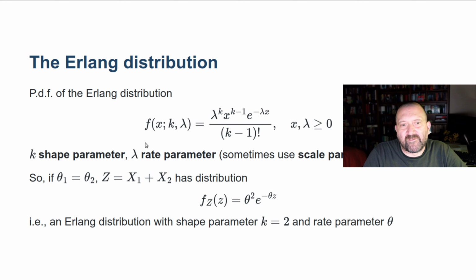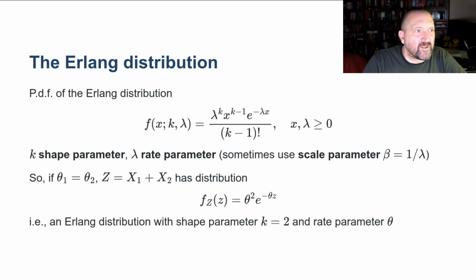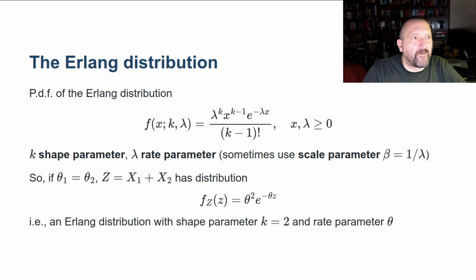So this is what an Erlang distribution looks like: a shape parameter 2 and a rate parameter theta. If the two exponentials are independent but identically distributed, then their sum follows an Erlang.